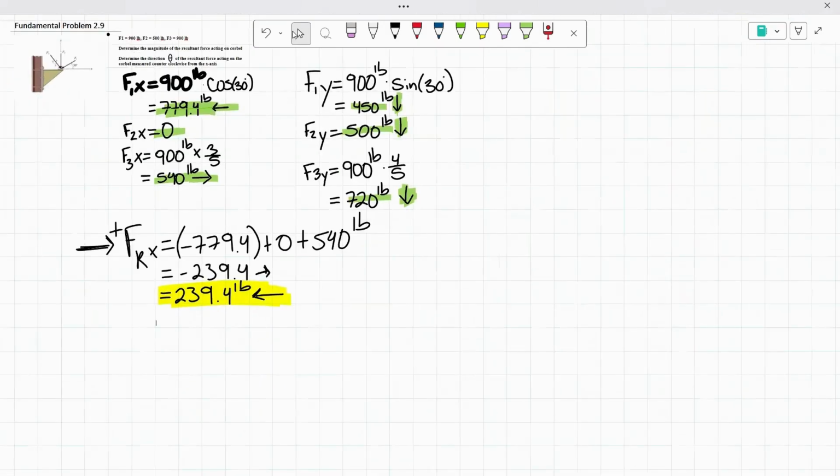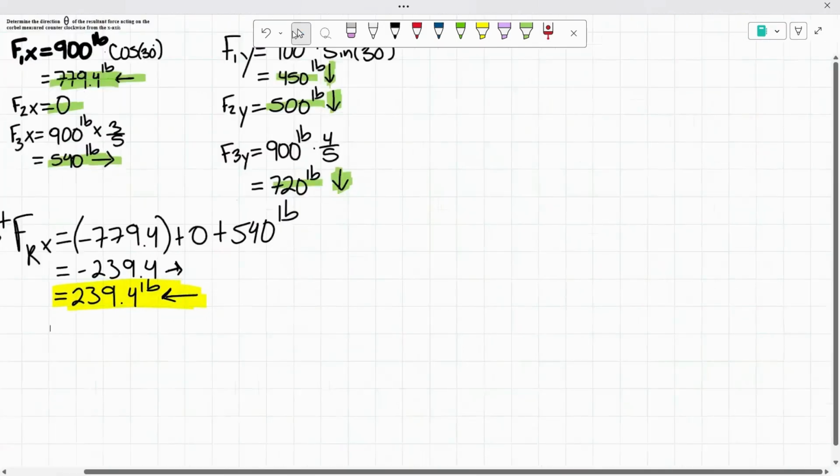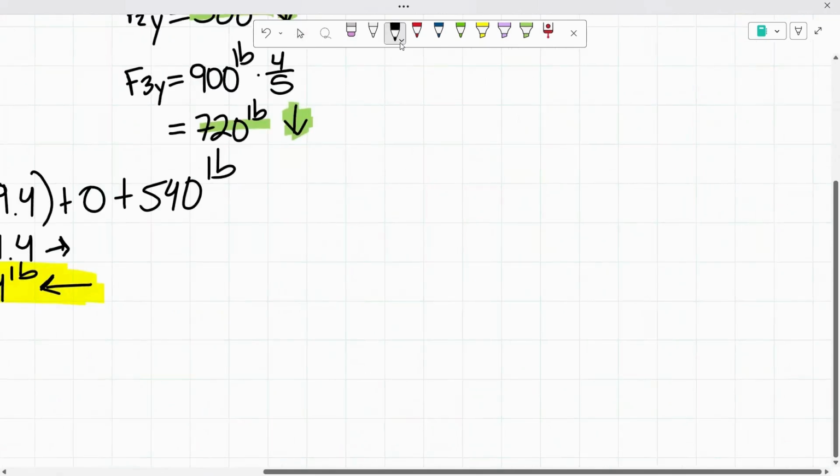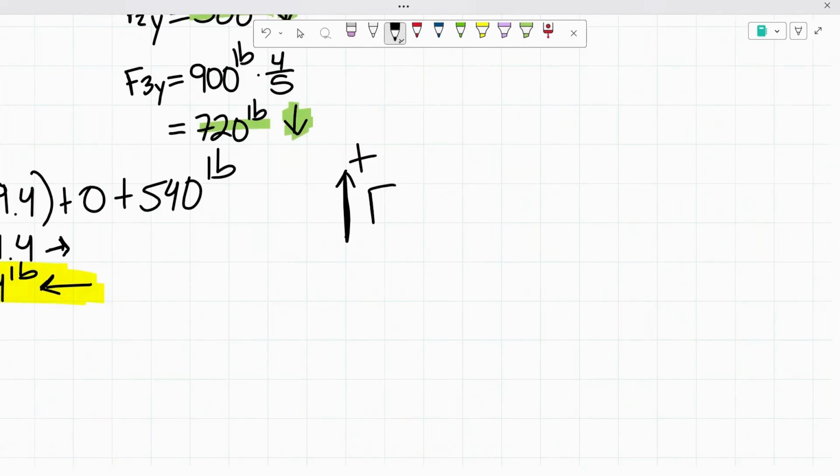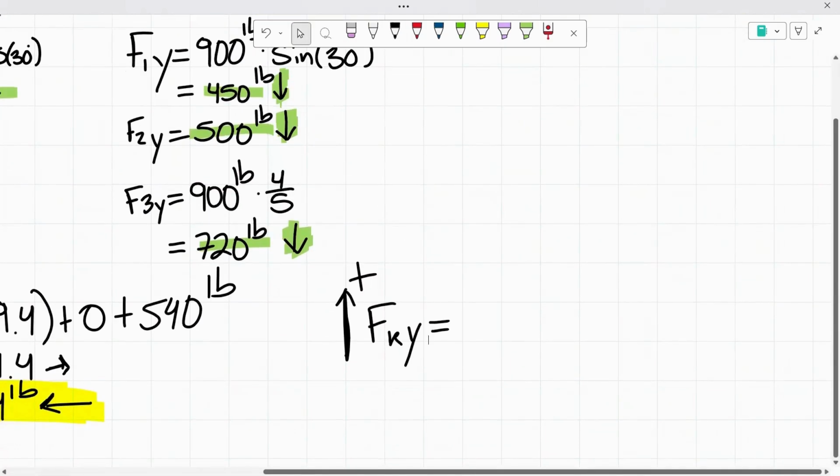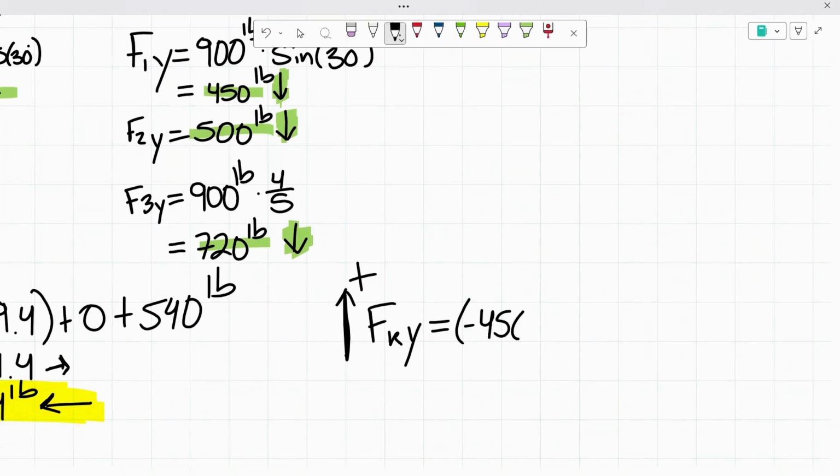So now we're going to try to find the sum of our vertical components. We're going to do the same thing. We're going to assume that up is positive. So FRy is equal to, we have 450 pounds going down, so that's negative 450 pounds, minus 500 pounds, minus 720 pounds.